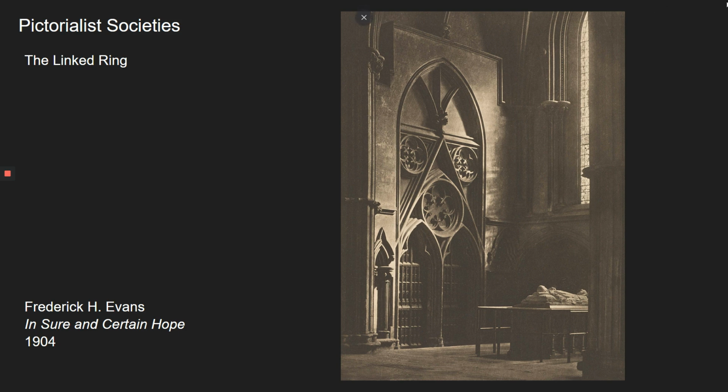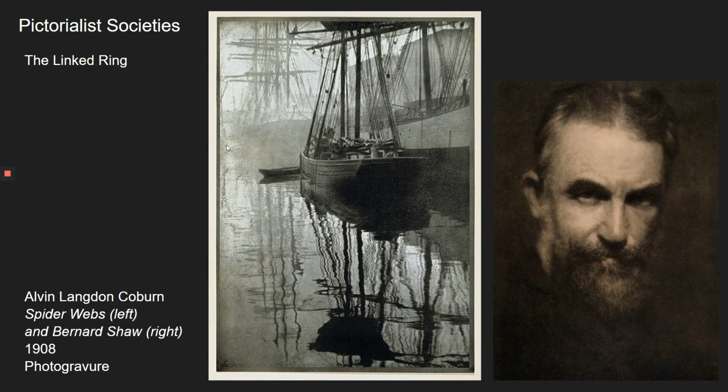This is, I don't mention it here, I believe this is photogravure, which was a kind of almost printmaking technique, which produced obviously wonderful gradient, wonderful tonality in each print. Alvin Langdon Coburn, one of the major figures in the Linked Ring Brotherhood.